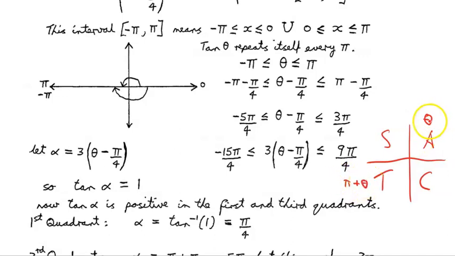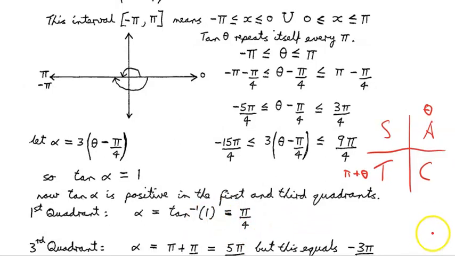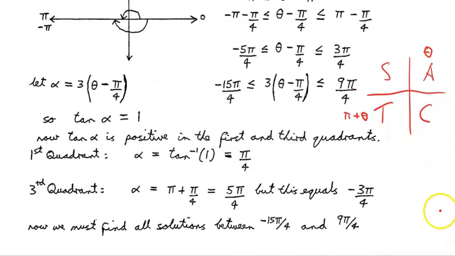So we find the basic angle theta, and then we can generate the solution in the third quadrant being pi plus theta. Tan alpha is positive in the first and third quadrants, and in the first quadrant alpha is inverse tan of 1, which is pi on 4. In the third quadrant, alpha is pi plus pi on 4. Remember pi on 4 is the basic angle, and then we add pi to it for the third quadrant, so pi plus pi on 4 is 5 pi on 4.